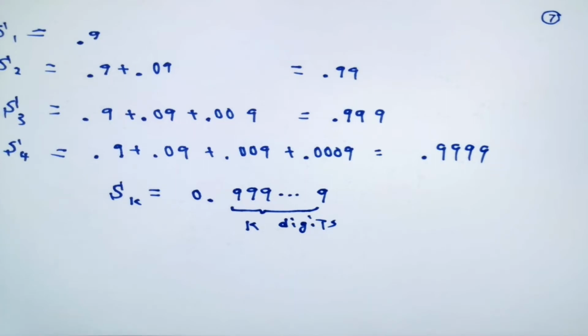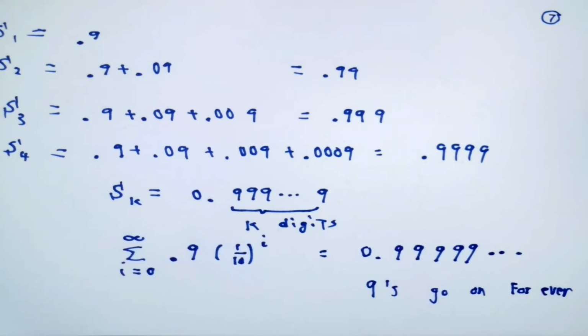If I take the limit of this as k tends to infinity, what I'll get, assuming that what I'm about to write down even makes sense, is this. This is a geometric series with a equal 0.9 and r equal 1/10. This actually does make sense. It's a geometric series where absolute r is less than 1.